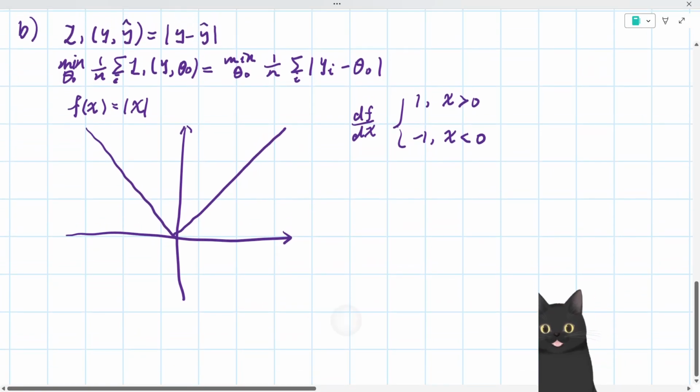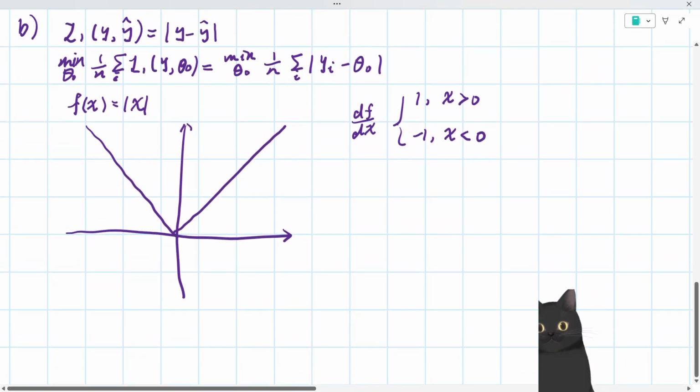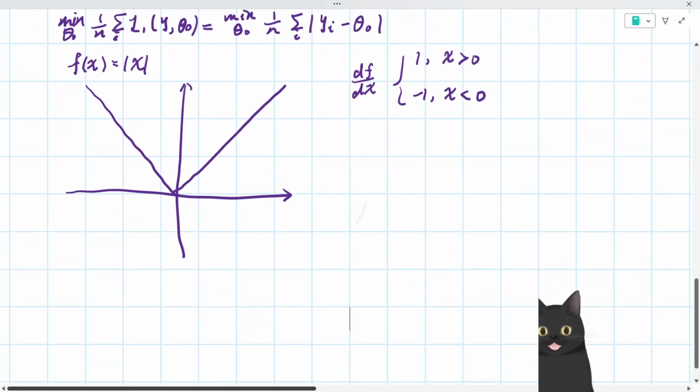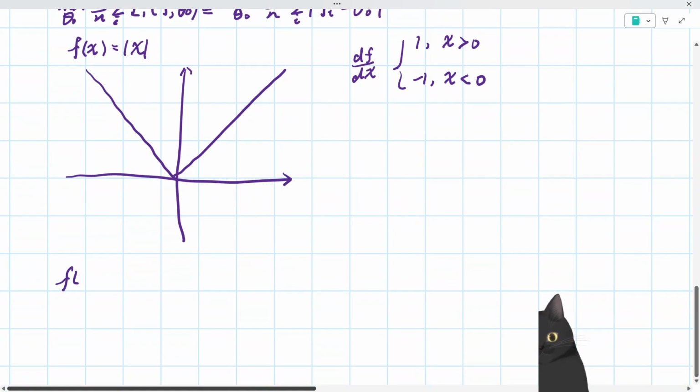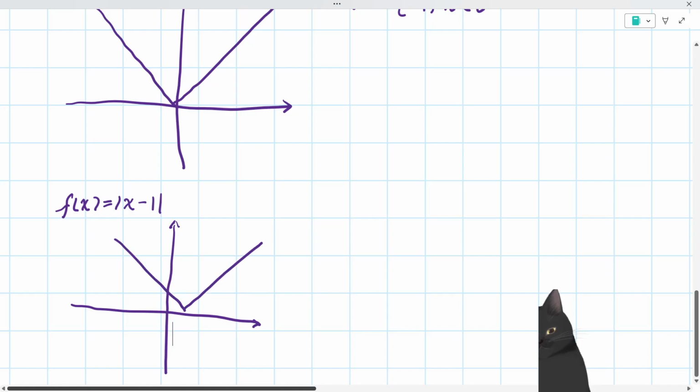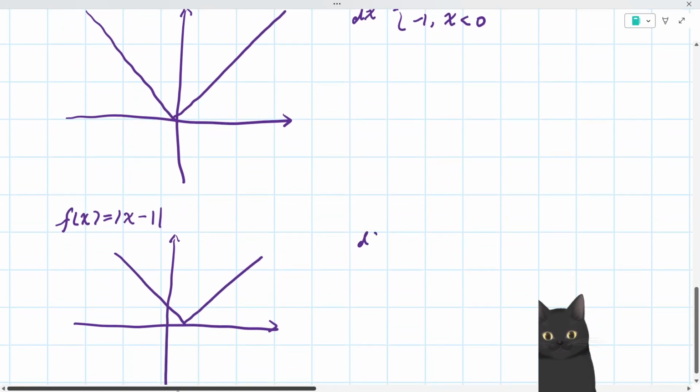Now, let's look at how this derivative plays with a constant shift. Suppose now, instead, I use a function f of x equals the absolute value of x minus 1, then the V-shaped curve will be 0 at x equals 1 instead, and my piecewise function changes a little bit. df/dx is now equal to 1 when x is larger than 1, and vice versa.